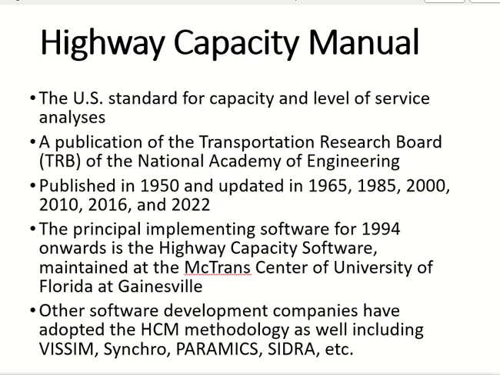The earlier versions of the manual did not have any software. The calculations were easier. Later versions became more complex, so they needed some sort of software. They made their own software, called Highway Capacity Analysis in 2000. Then the manual became so popular that other software started incorporating its calculations.